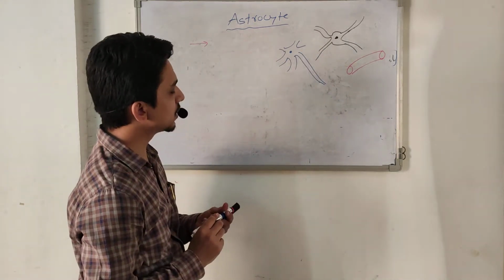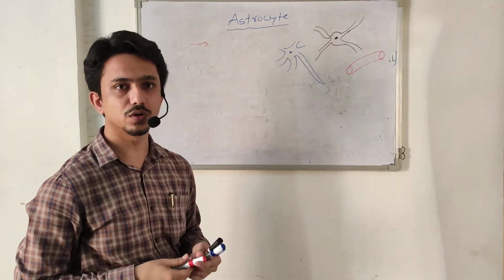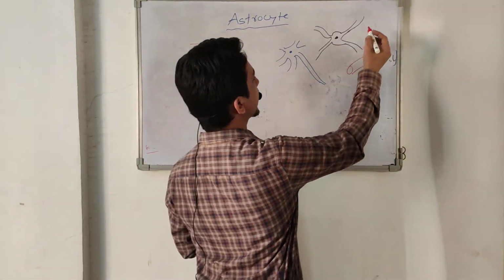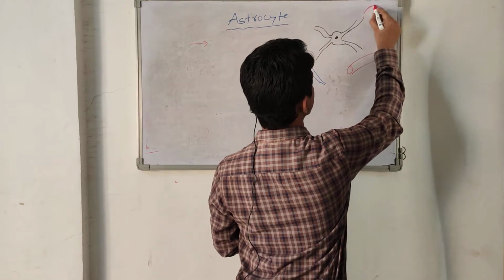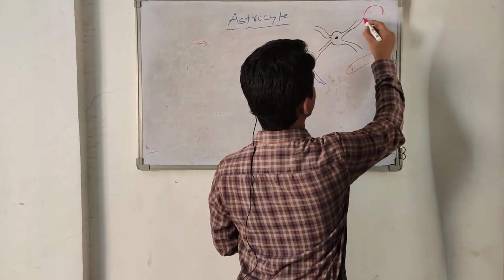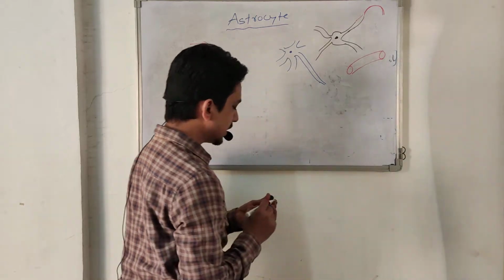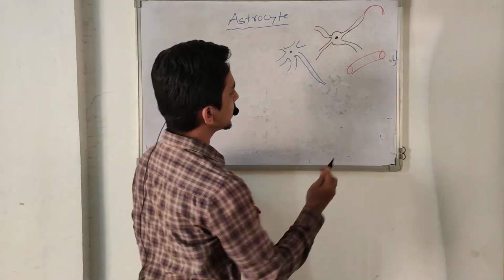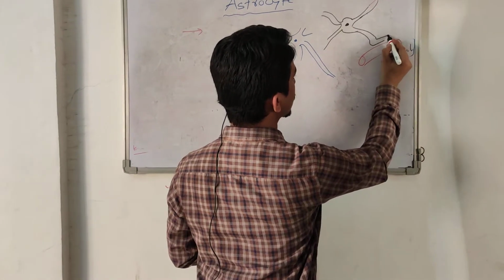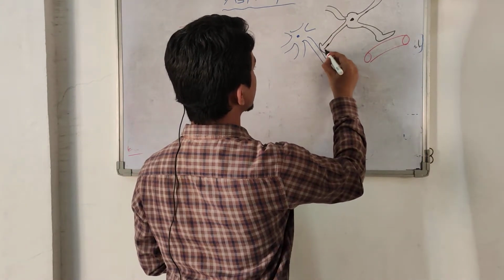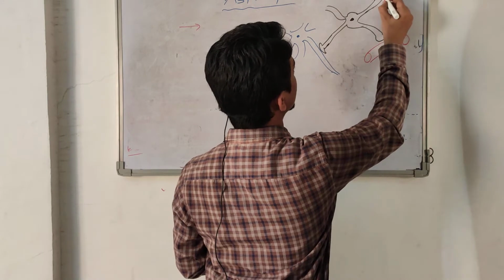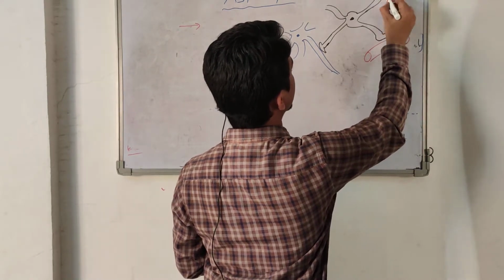Some are attached to the pia mater of the meninges, the covering of the brain. I draw a pia mater like this, this is the covering. So basically they attach with the capillary, the neuron, and the pia mater.